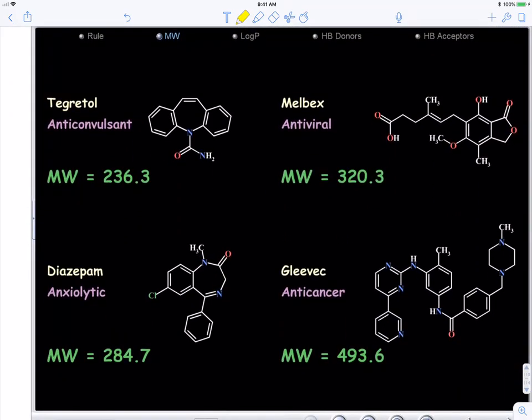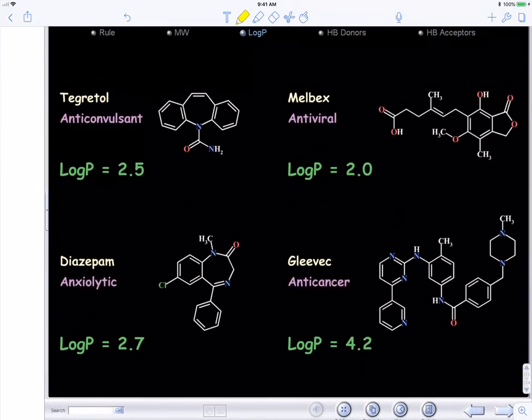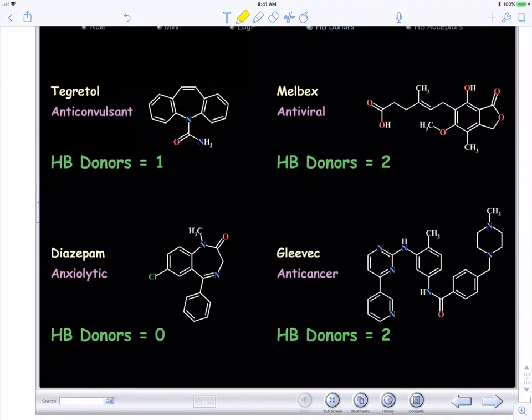So let's look at a few examples of drugs that are currently in the market. They all tend to have relatively small molecular weight. Gleevec, which is a tyrosine kinase inhibitor, is pushing the limit, getting very close to 500. If we look at their log P, so their hydrophobicity, all of them are well below 5, with the exception of Gleevec, which again is the one with the highest value for log P. If we look at the number of hydrogen bond donors, they're all well below 5.